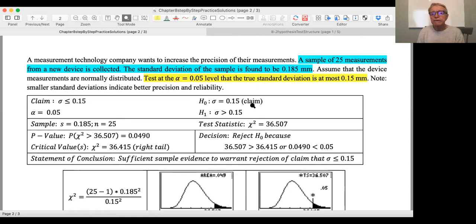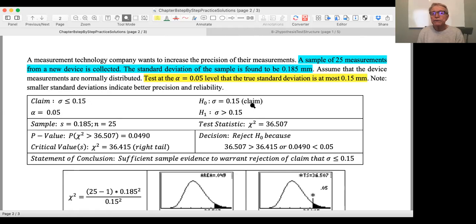Test at the alpha equals 0.05 level that the true standard deviation is at most 0.15 millimeters. Well, test that means that we're talking about a claim. Okay, we've identified the part of the problem that is talking about the claim. Alpha equals 0.05, again, that's our significance level. And so we need to look at the rest of the statement.